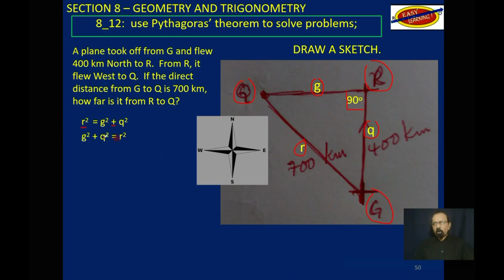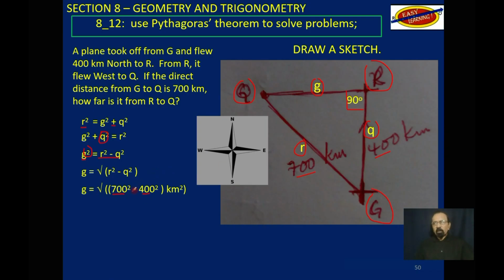So we change around that formula, and then we remove this q squared, and it becomes g squared is equal to r squared minus q squared. And now we get rid of that square by finding the square root of both sides. So g is equal to the square root of r squared minus q squared. We substitute the numbers we are given for r and q.